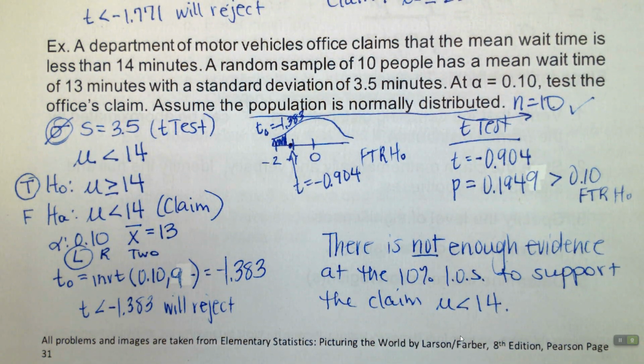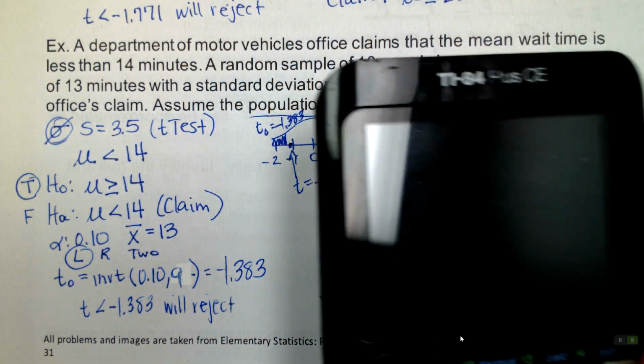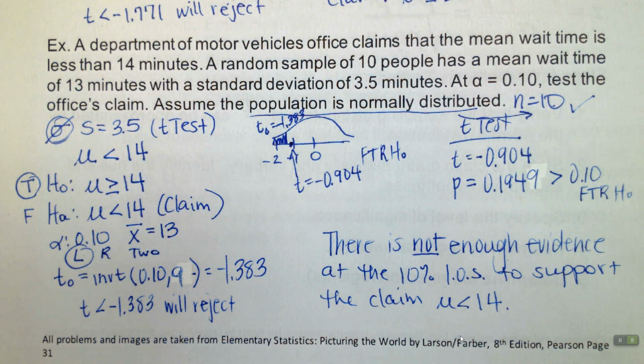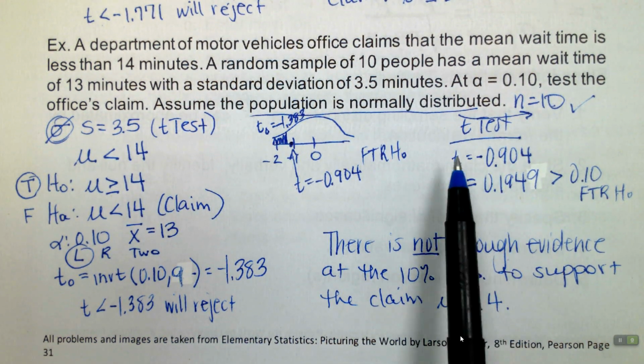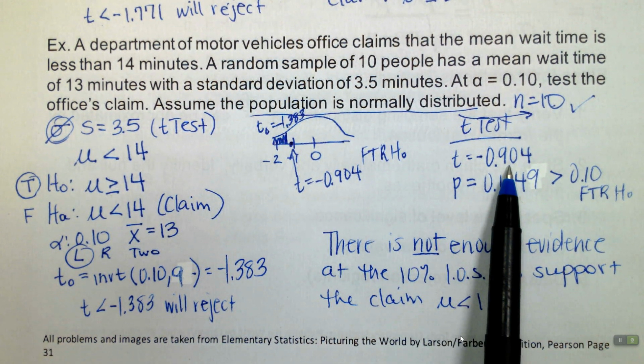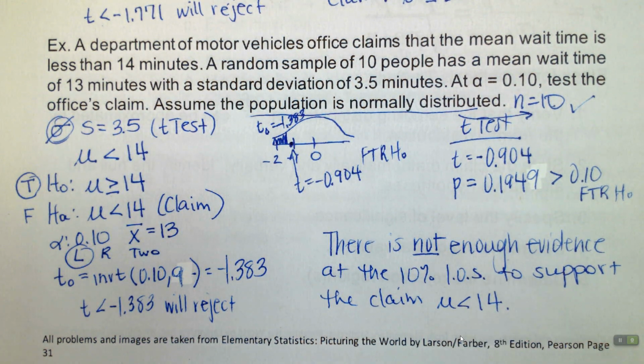I almost forgot I didn't calculate my T. So let me calculate the T on the calculator. Remember to calculate T for those who don't like to use the t-test. We're going to come up with negative 0.904.